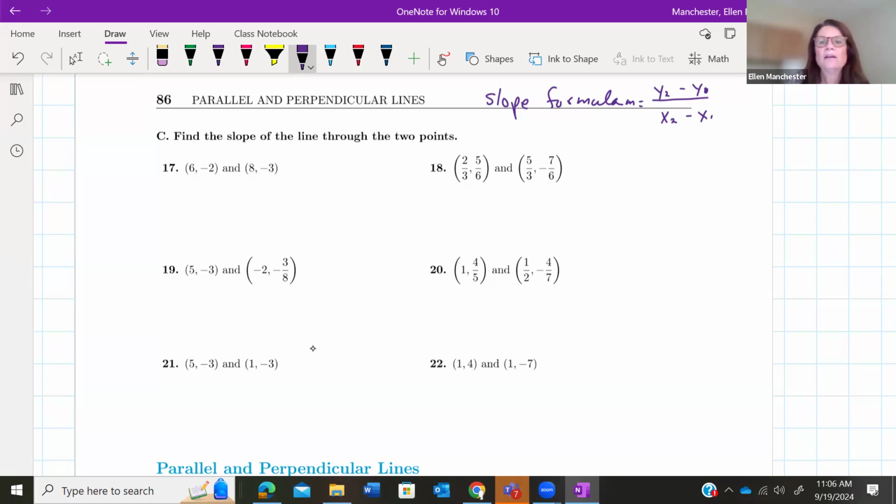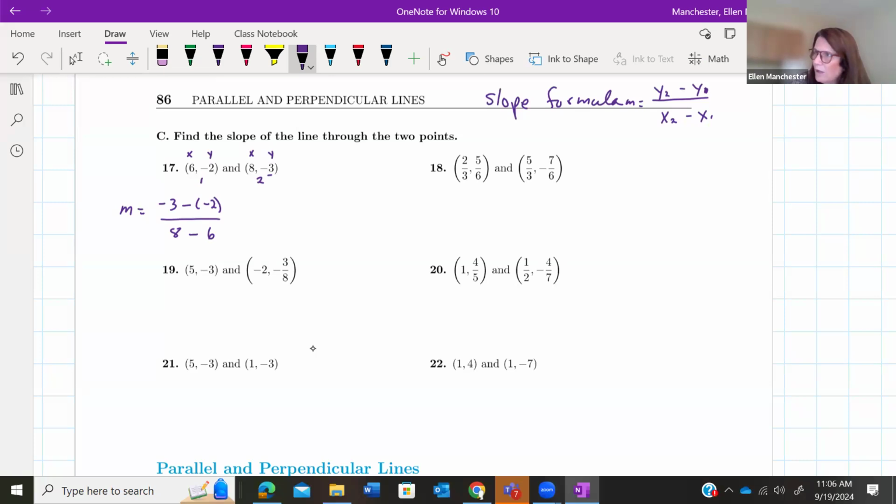So let's try it. Remember, x is the first value, y is the second. This is my first ordered pair. That's my second ordered pair. So on my slope formula, I'm going to do y2 minus y1 over x2 minus x1.